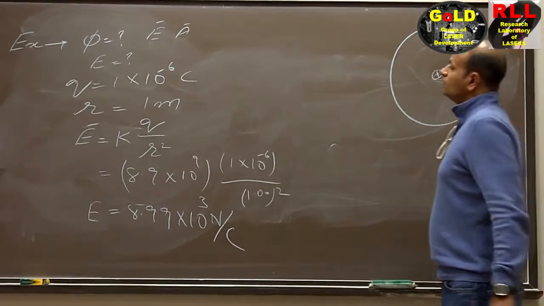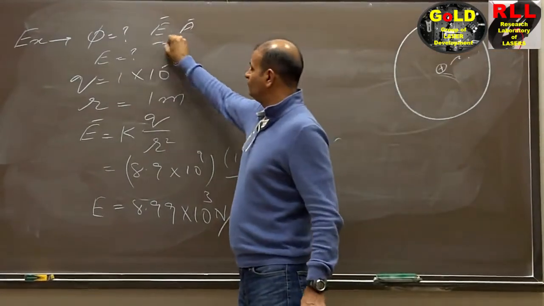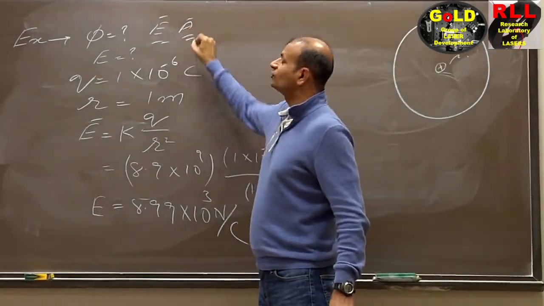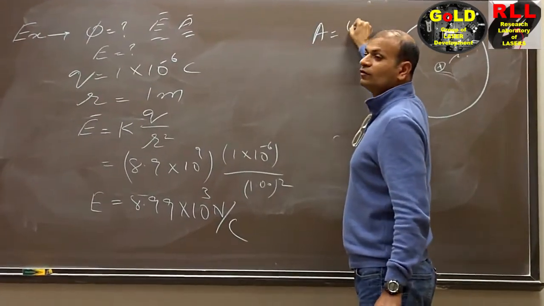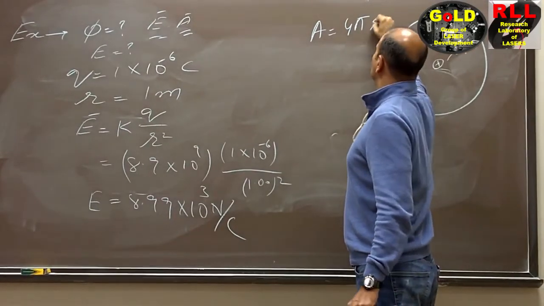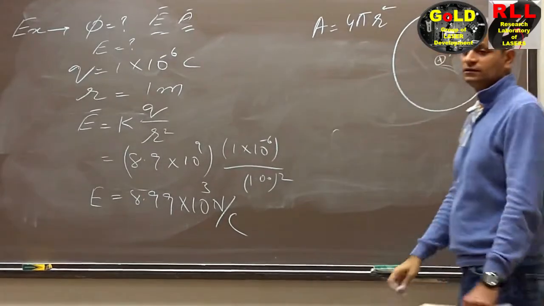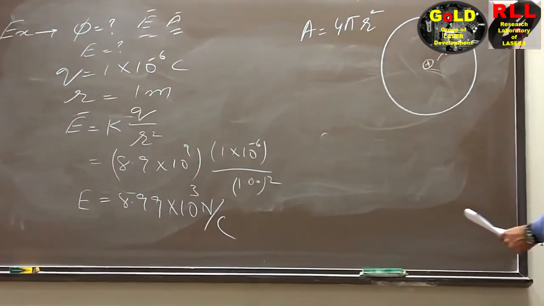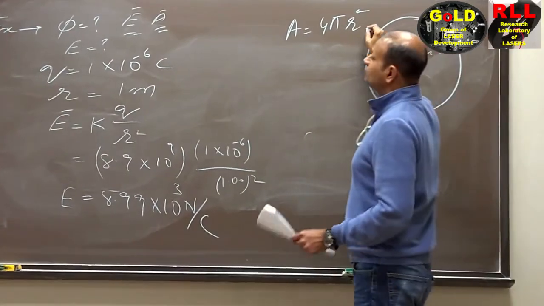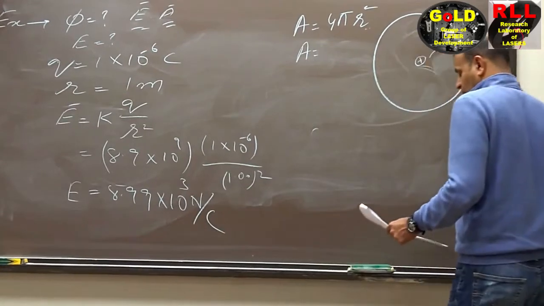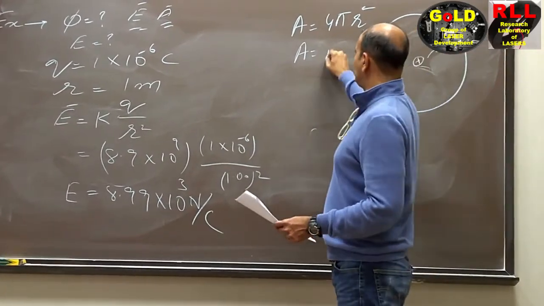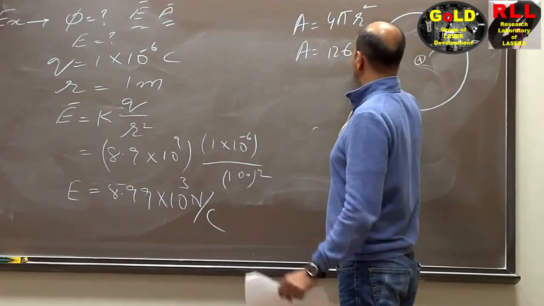And we have to find out electric field, which we have done already, and we also need to find out the area. So area of the sphere is equal to 4 pi r square. Okay. So if you substitute the value here of R, so what you get is 12.6 meter square.